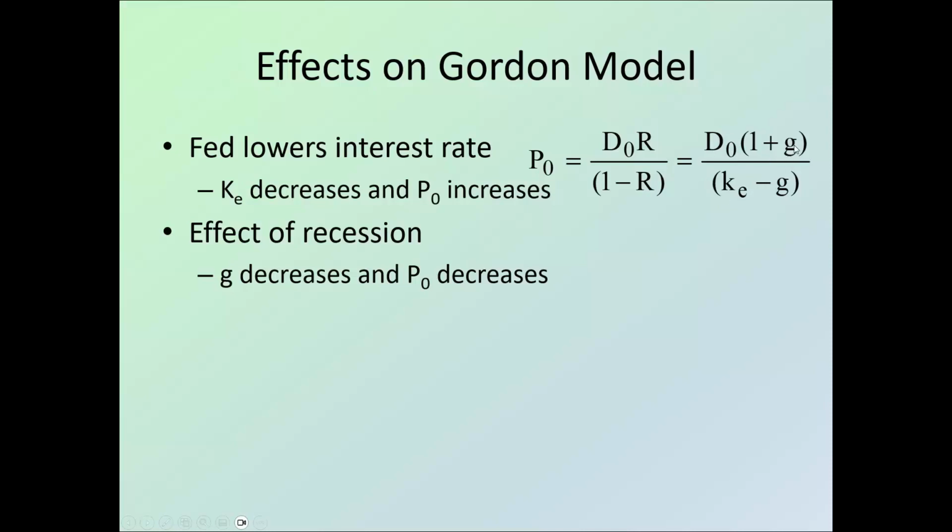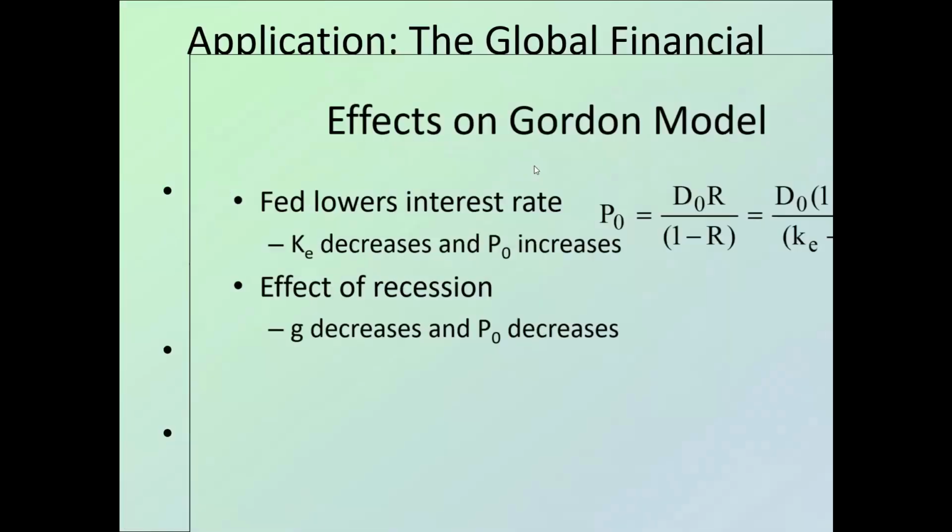So because of the 1 plus G, the numerator is decreasing, and because of KE minus G in the denominator, the fraction decreases. So G is decreasing, the denominator will increase, and the whole thing will decrease. In other words, as G decreases, P0 decreases.